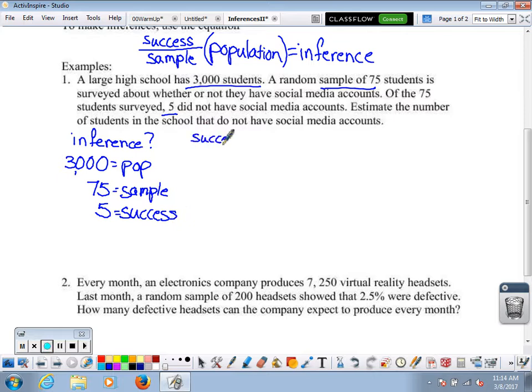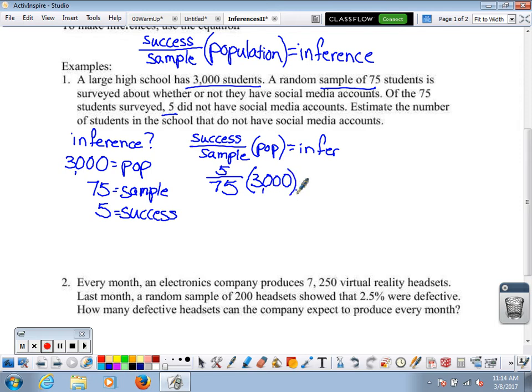Success over sample times the population gives us our inference. Okay, so our successes were those 5. Our sample was 75, and there's 3,000 in the population.